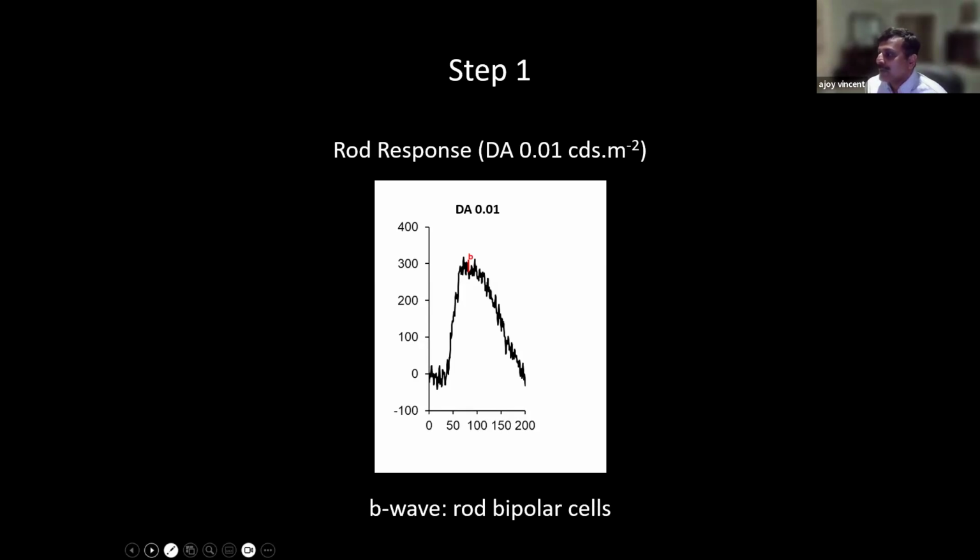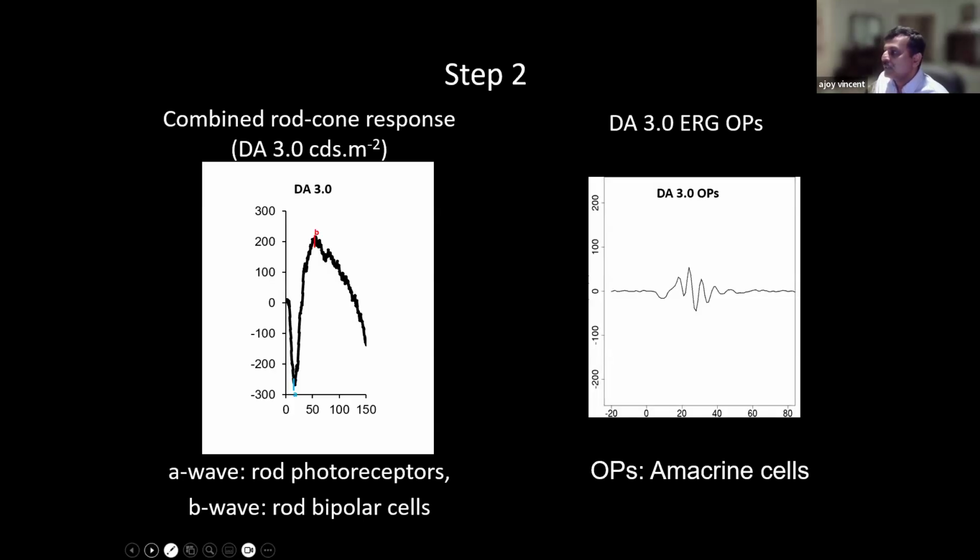So a reduced B wave here does not help you differentiate between a primary rod photoreceptor versus primary rod bipolar cell dysfunction. That is why you need the next stimulus, which is step 2, the dark adapted 3.0, which is a brighter stimulus. This used to be previously called the combined rod cone response.